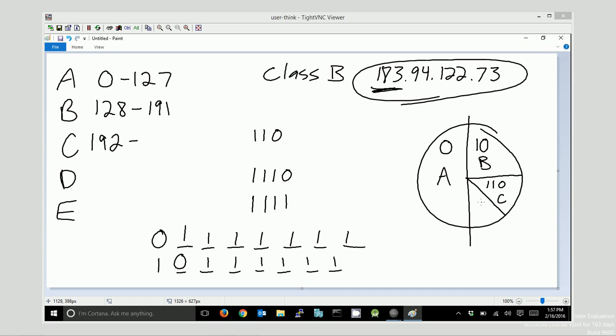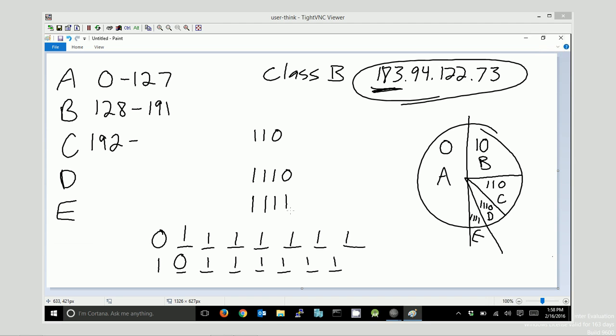And then 1110 is Class D, which is our multicast space, and 1111 is Class E, that reserved space that was reserved for some future use, but we've never had that future use happen, so now we're suddenly out of space.